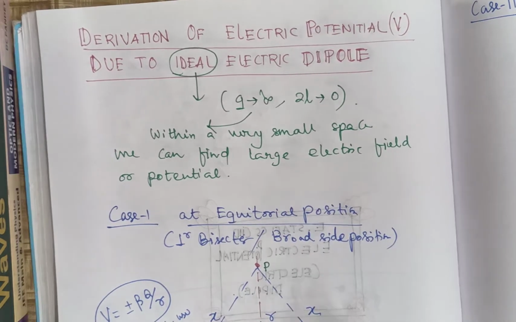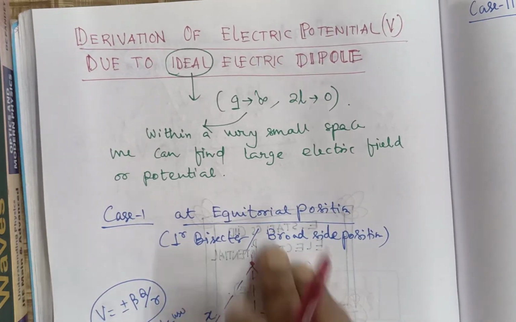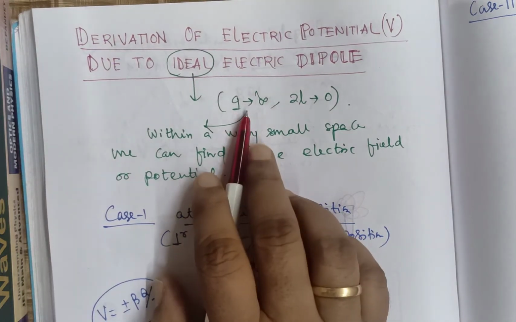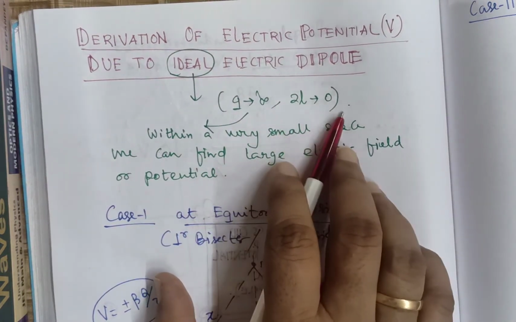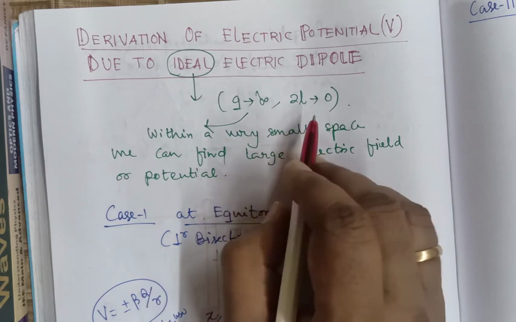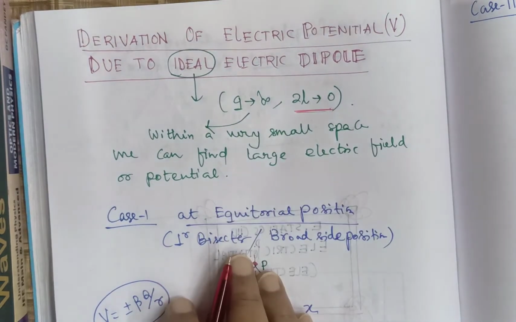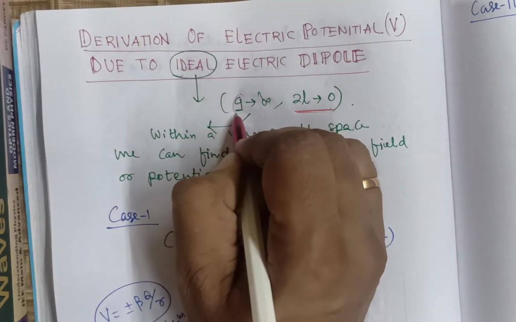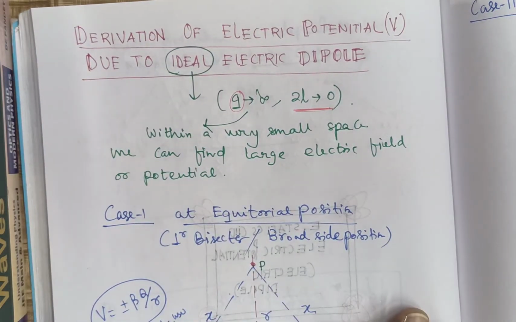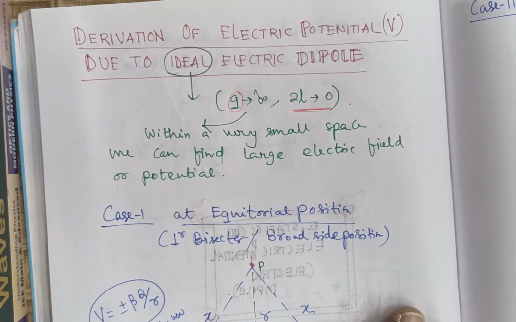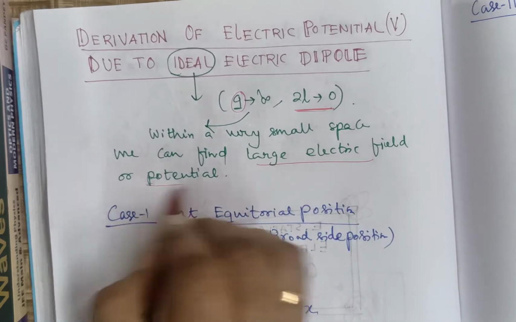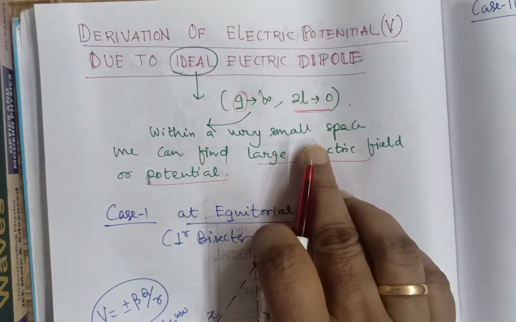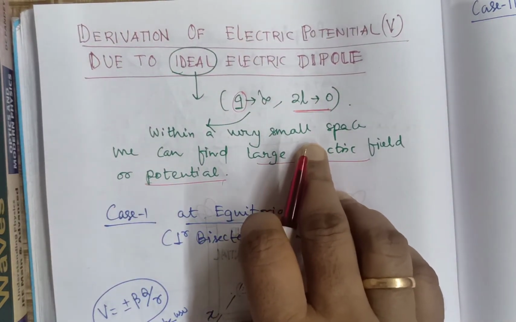Ideal means the magnitude of charge at each pole is very large and the dipole length is very small. That means within a very small space, due to a large amount of source charge, we can get a large electric field or electric potential. That's why it is known as an ideal dipole.